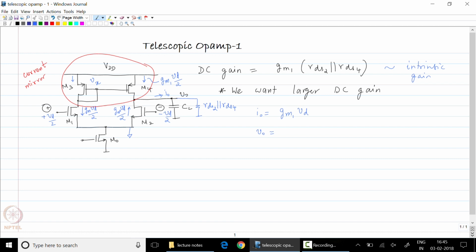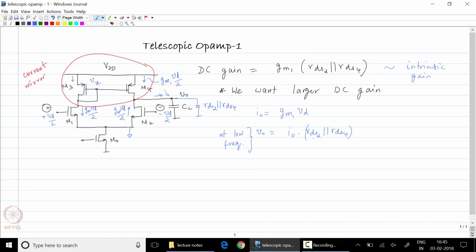Now, let us assume we are looking at the output at low frequencies. At low frequencies, the capacitance presents an open circuit and the output voltage is nothing but IO times RDS2 parallel RDS4.